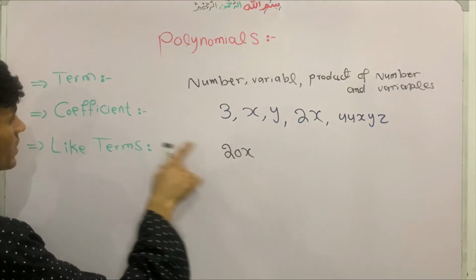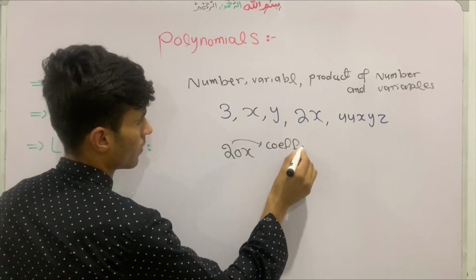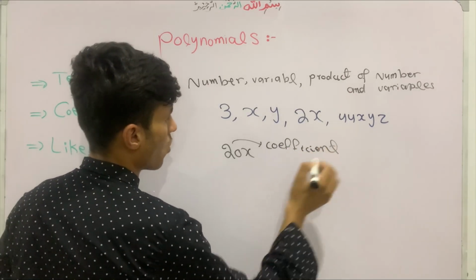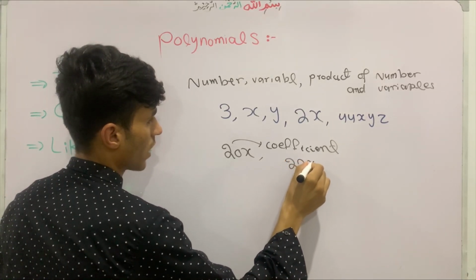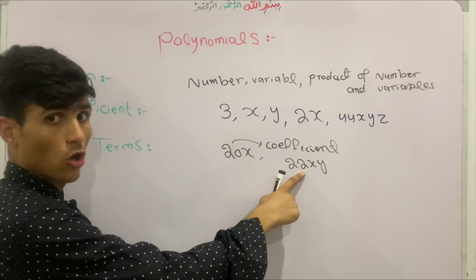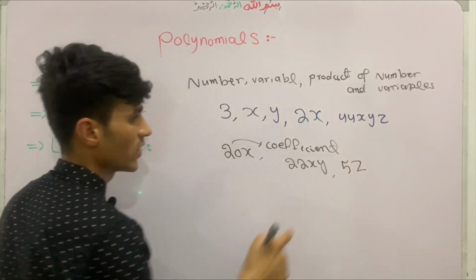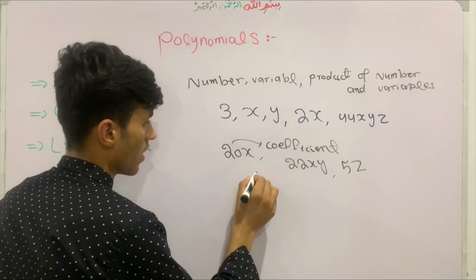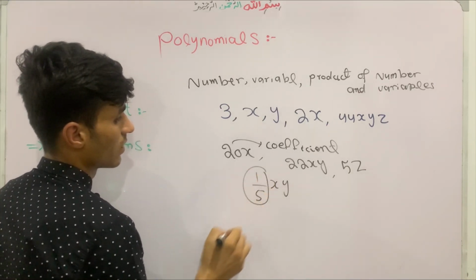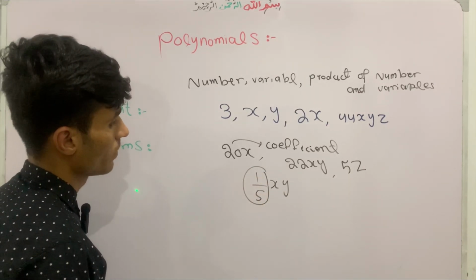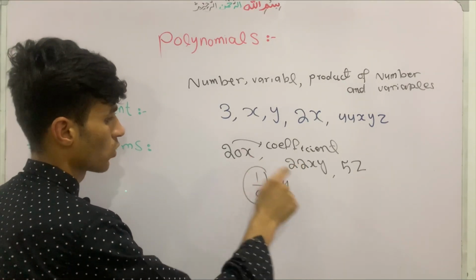So our 20 is our coefficient, right? Like 22xy. 22 is our coefficient, right? 5z. 5 is our coefficient. Half xy. Here 1 over 2 is going to be our coefficient for this term, for the whole term.